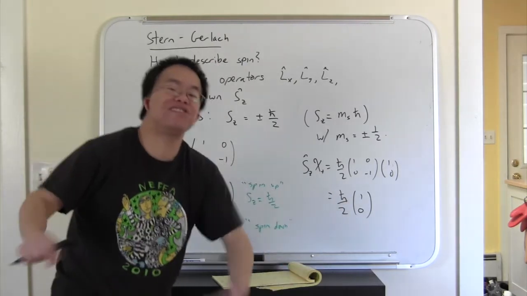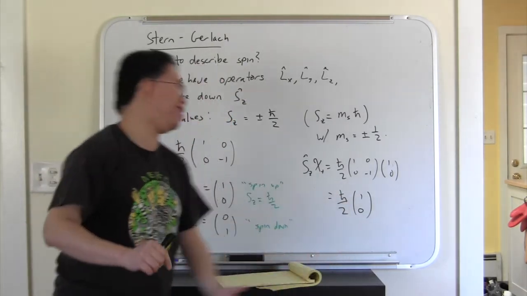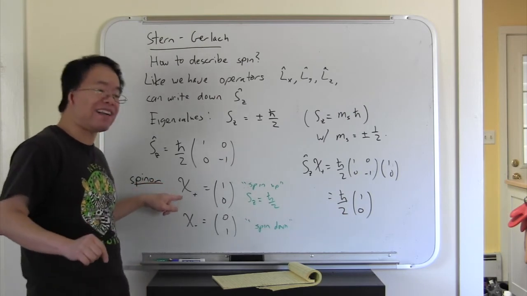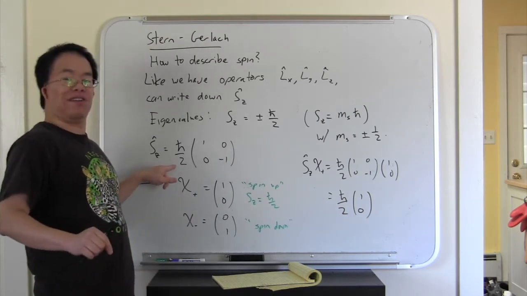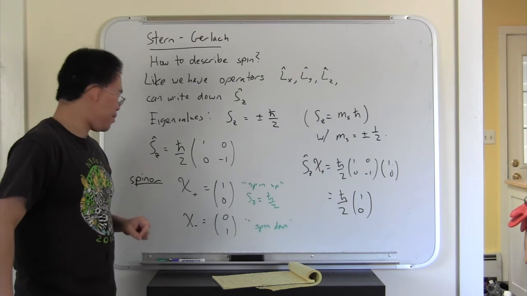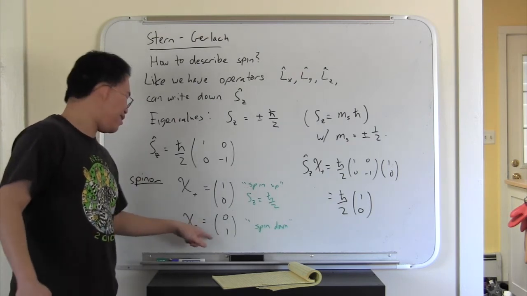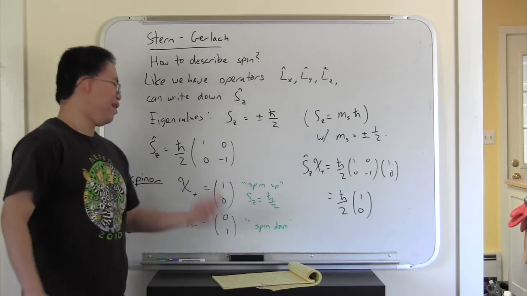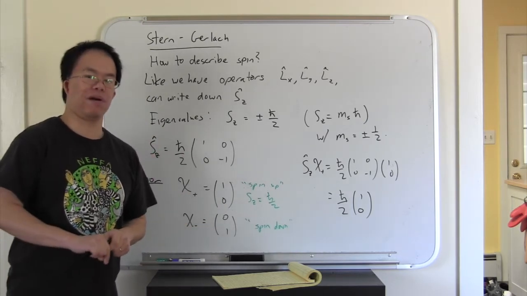Hopefully I've convinced you that this is an eigenvector of this spin operator. And you can check that chi minus is also an eigenvector with eigenvalue minus h bar over 2.